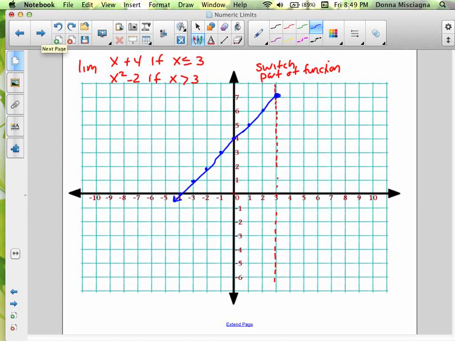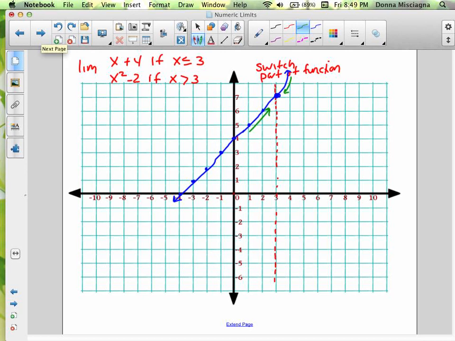The next value is going to be impossible to graph, because that would be 14. But you have the idea that it would be a parabola that's going to go right off my graph like that. If I look from the left-hand side and from the right-hand side, there are no breaks in my graph. I've got a line and a parabola. They're continuous.